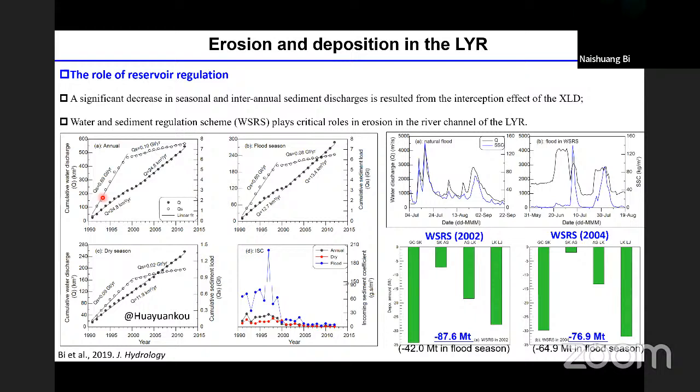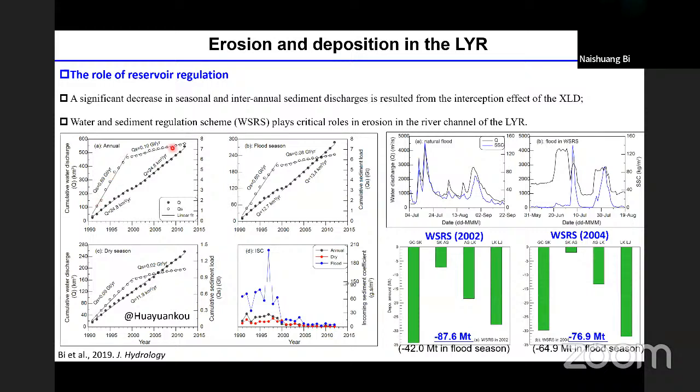This figure shows the Huayuankou Station, the closest to the Xiaolangdi Reservoir. This is the water discharge for the interannual variation. This is in flood season, and this is the sediment discharge variation.